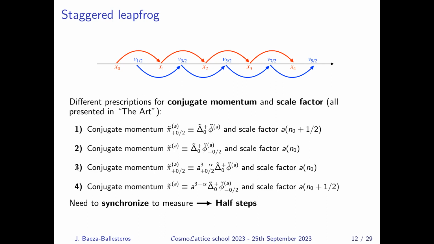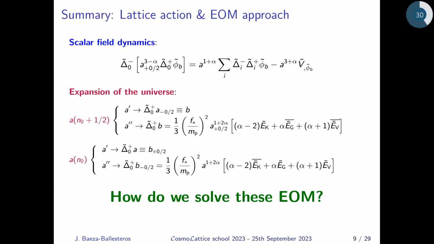And then the third and fourth options are just modifications of the two options above, in which we define the conjugate momentum with this additional factor of the scale factor, so that the conjugate momentum is everything that was inside the brackets in the equation we had before. So all this here is the conjugate momentum.